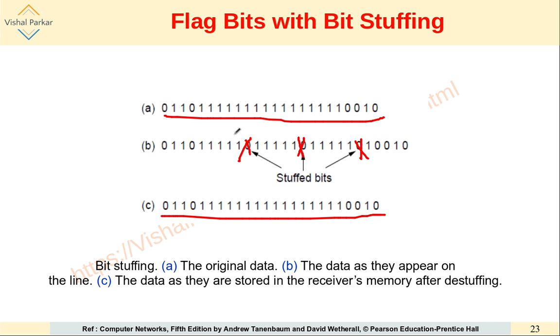Bit stuffing requires 1 bit to be stuffed for the flag byte. That is the difference. For 8 bits, it will require only 1 bit, and that's an increase of only 12.5%. So this is how it is more efficient than byte stuffing.